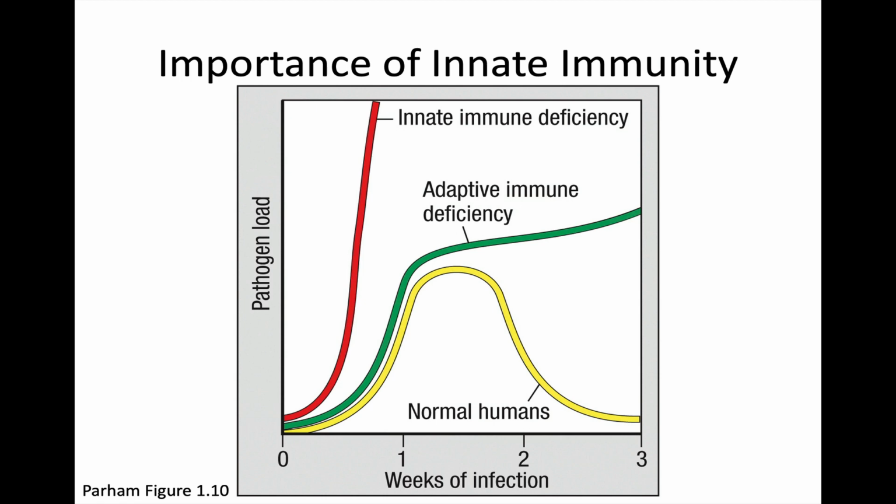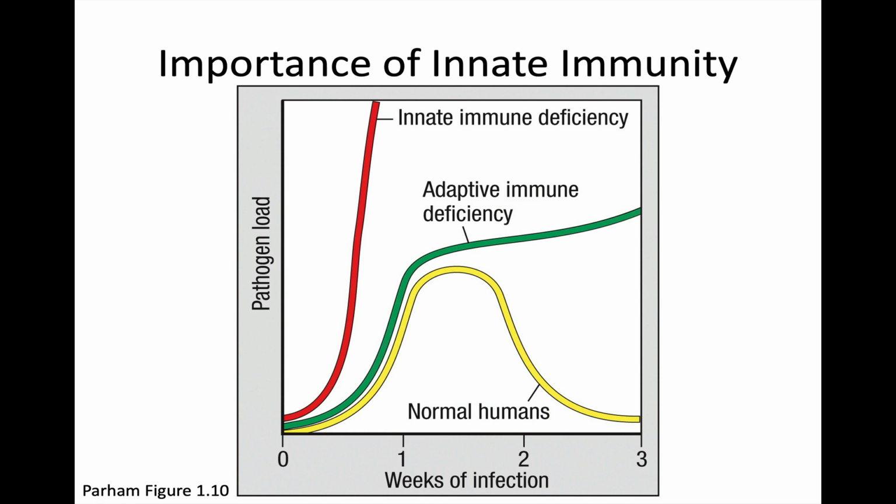We can find people who don't have adaptive immune systems. We can't find people who don't have innate immune systems. They die immediately at birth. And what would happen without an innate immune response is that the microbe would come in and reproduce exponentially. You can see it's reproducing even faster than in the other cases.